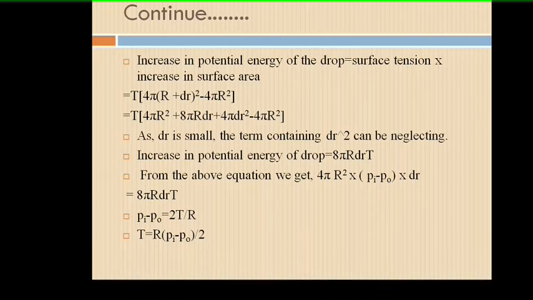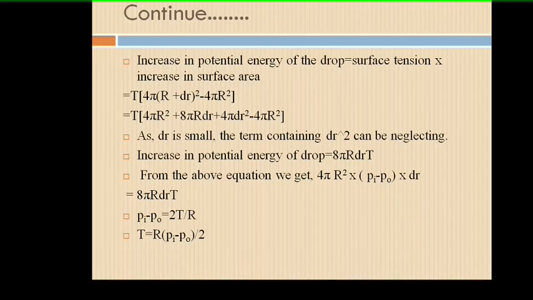So the equation becomes 4 pi r square into Pi minus Po into dr, which is equal to 8 pi r dr into T. By equating these two equations, we have Pi minus Po is equal to twice of T by R. So we can say that the excess pressure is nothing but twice the surface tension divided by the radius of the liquid drop.